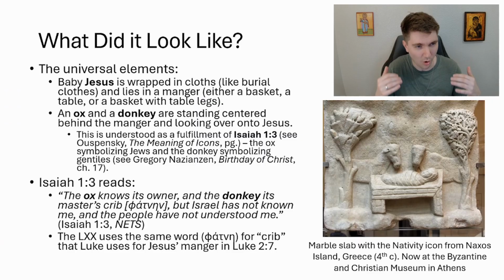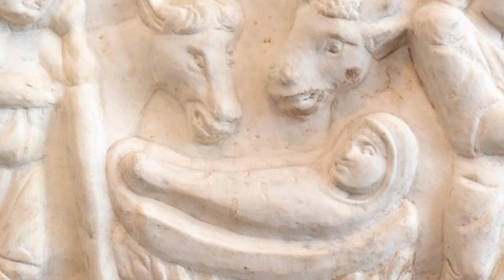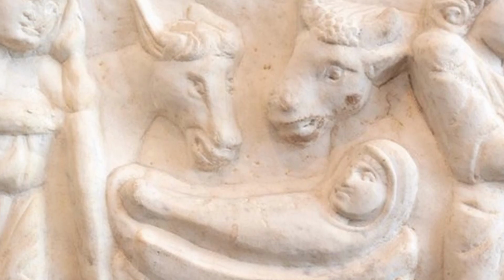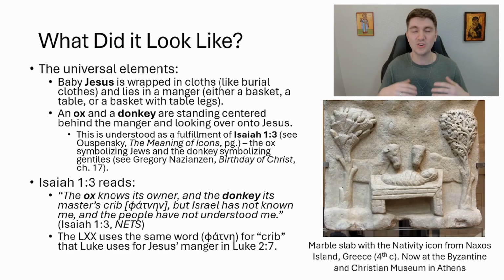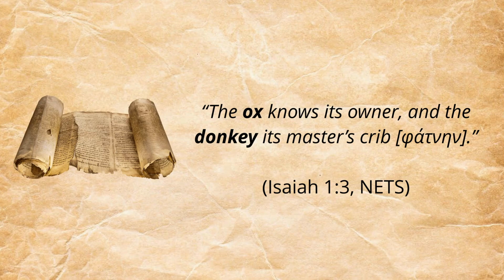But there is always, in every single depiction, an ox and a donkey who are looking over at Jesus in the manger. And this is understood as a fulfillment of Isaiah 1:3, which says the ox knows its master and the donkey its master's crib.